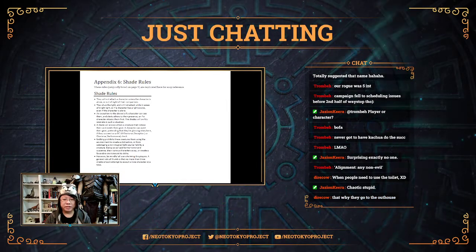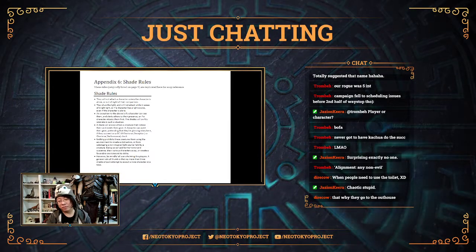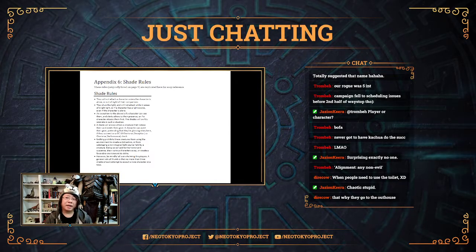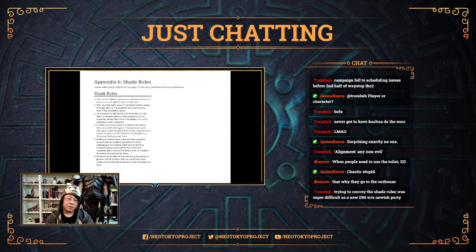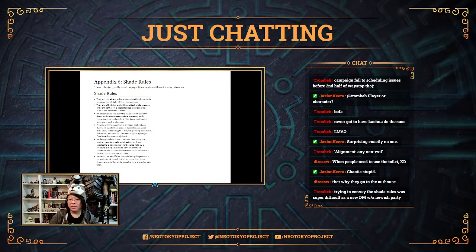that I wrote into the Waystop, and I felt that it was quite important to basically design these rules to ensure that the players and the DM had a good indicator of what to expect.